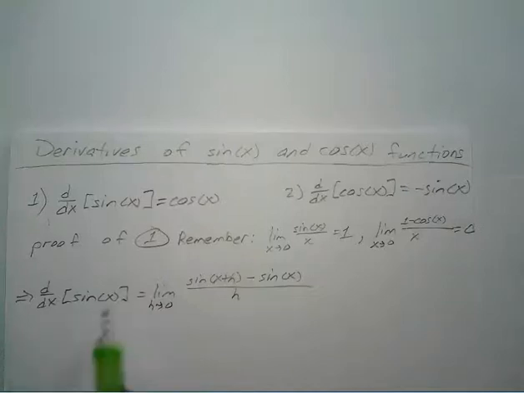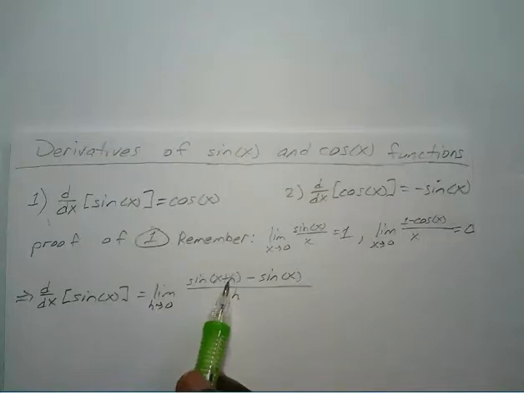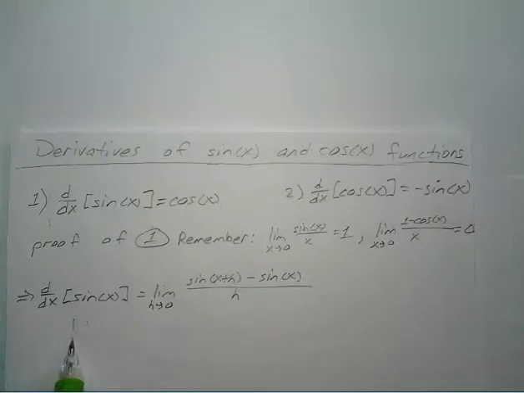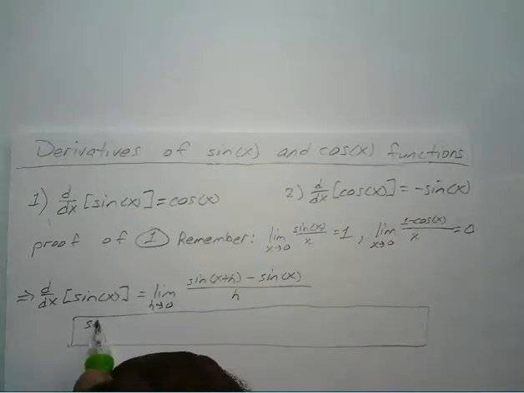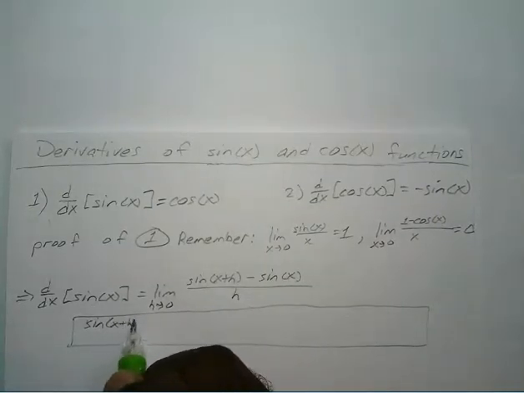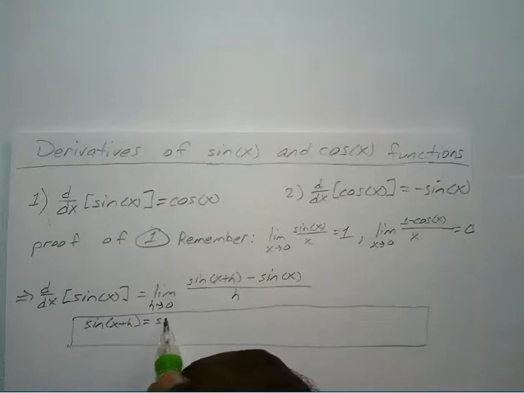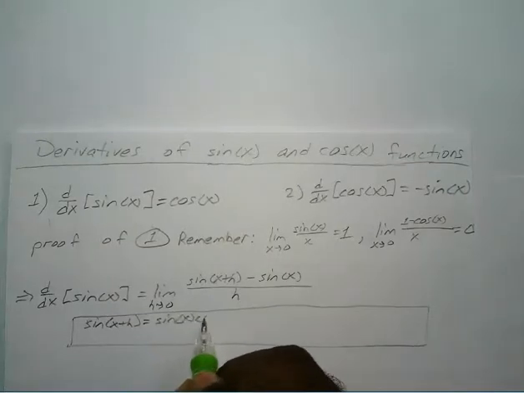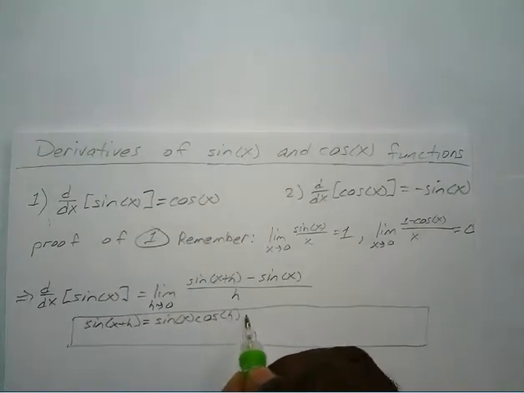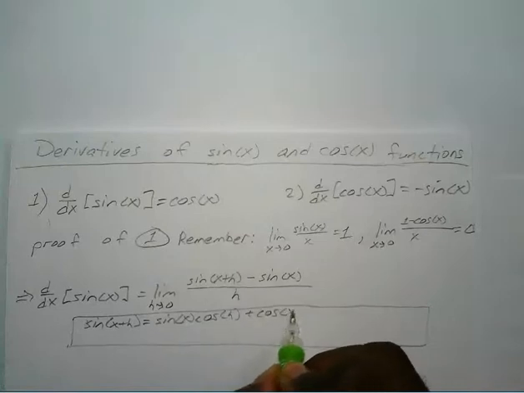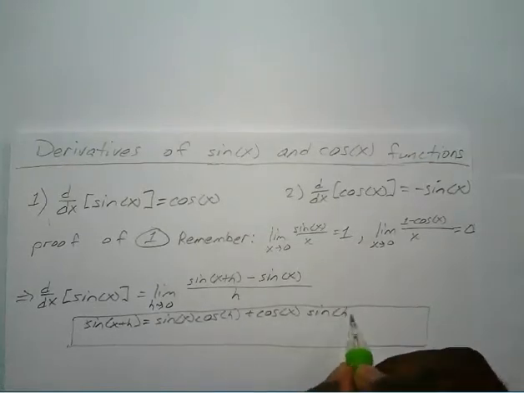Now we're going to change up that sine of x plus h, using the sum formula from trigonometry. Sine of x plus h is equal to sine of x cosine of h plus cosine of x sine of h.